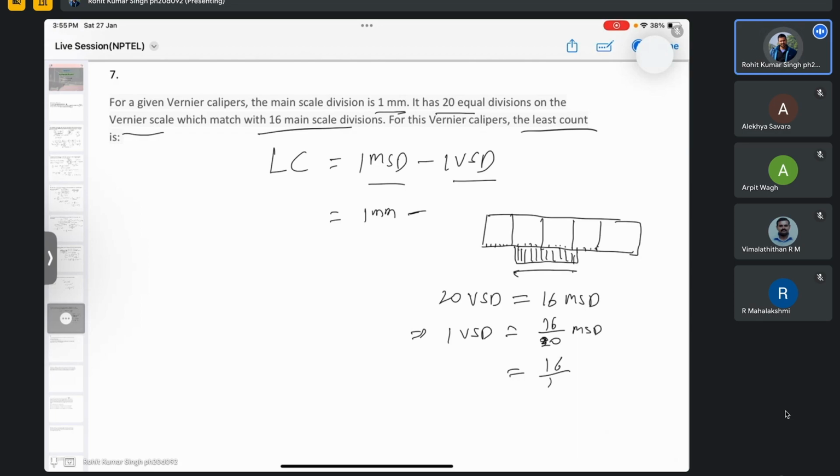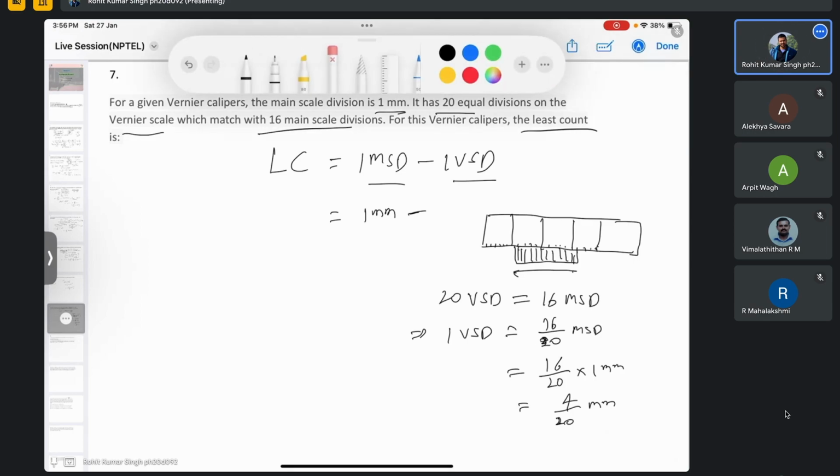So 16 by 20 into 1 mm, which is 4 by 5 mm.